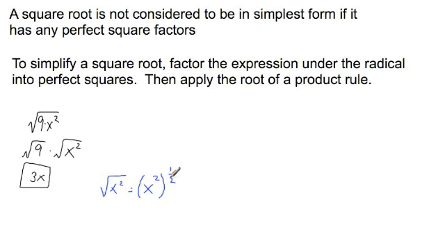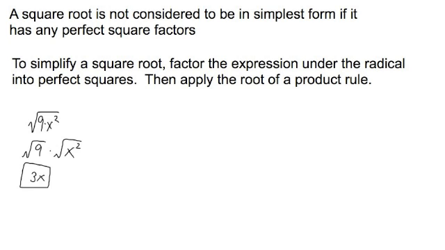When raising a power to a power, multiply the powers. This gives me x. 2 times 1/2 is 1, or x to the first. So this leaves me with just x. So the square root of x squared is x. You can use that procedure anytime that you're simplifying a radical.